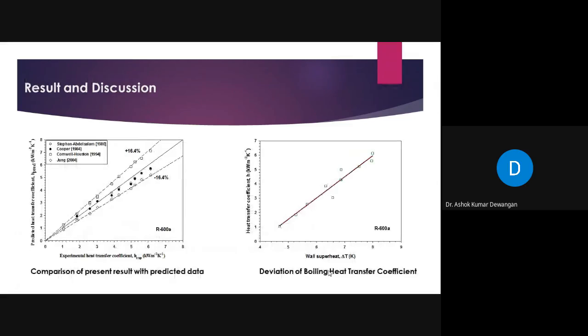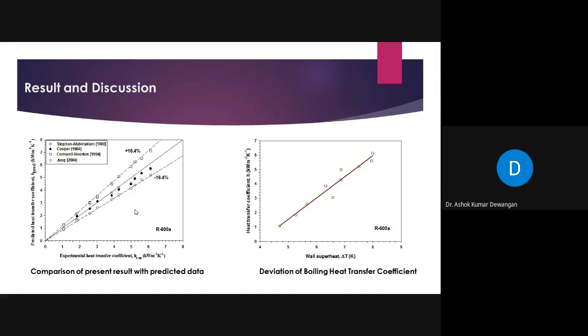When we do the experiment, the first thing is how will you validate your setup? In order to establish the integrity of our experimental setup and verify the temperature measurement in this present test arrangement, some preliminary tests have been conducted with this refrigerant.